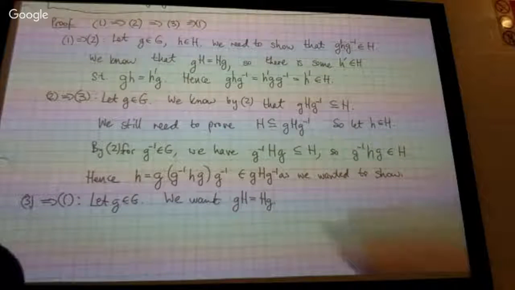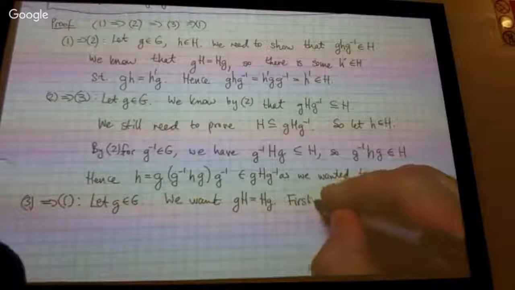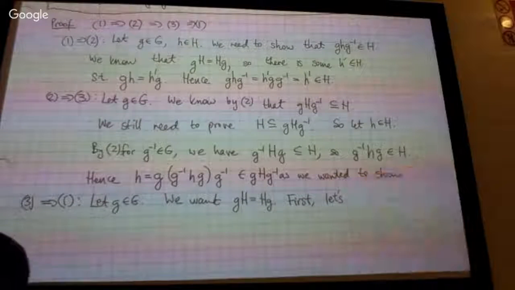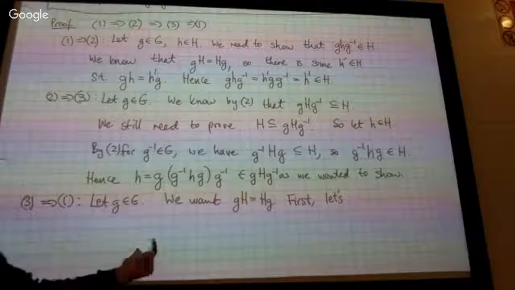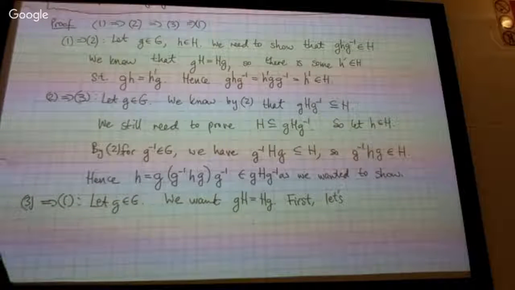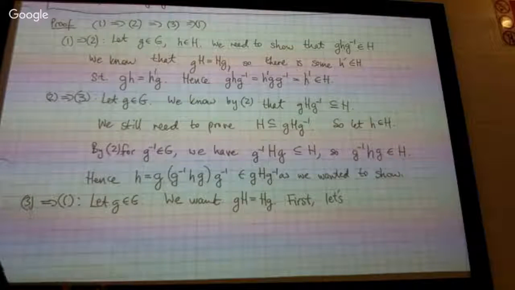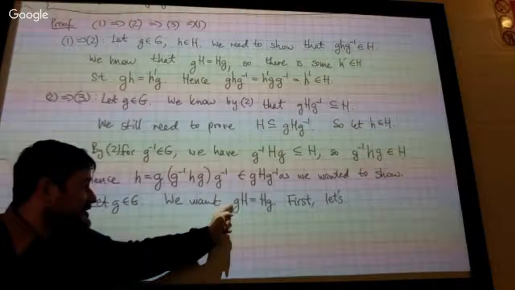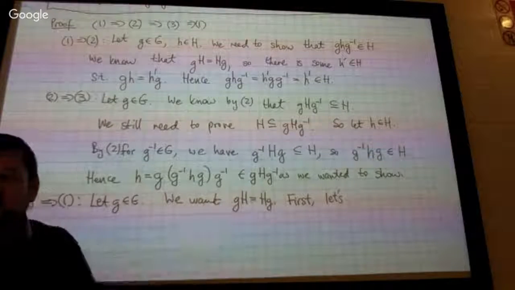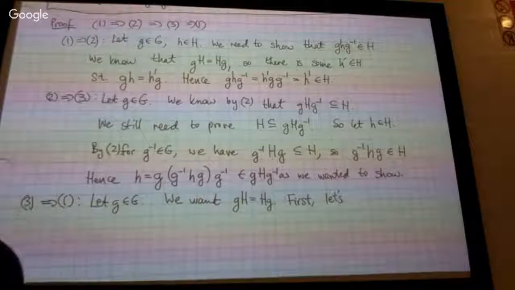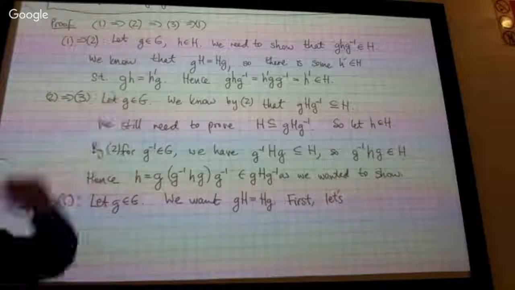The equality of sets is quite often proved as two inclusions: show that this is a subset of this, and this is a subset of that, and that gives you the equality, just like we did there.